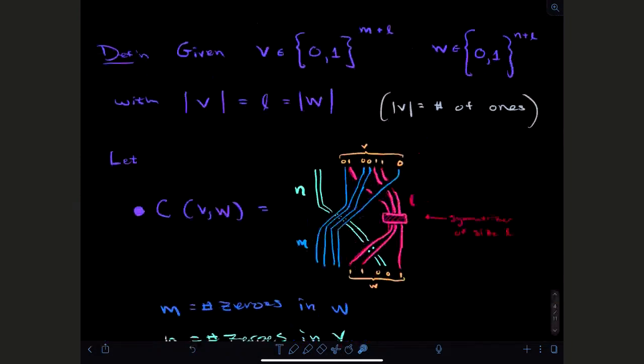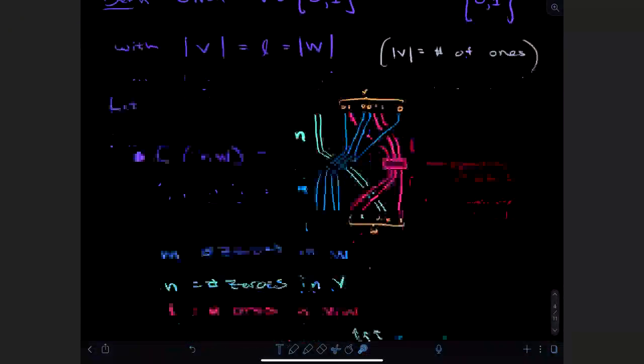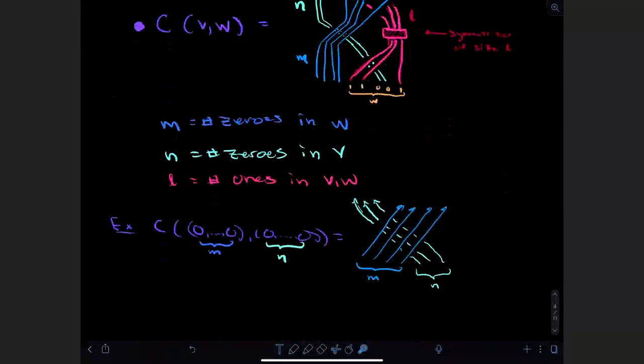So I hope that's pretty self-explanatory. And as a special case, we see that if M and N have no ones, then the resulting complex has no symmetrizer, and we get just the braid that represents the M,N torus link. So this guy appears as a special case.